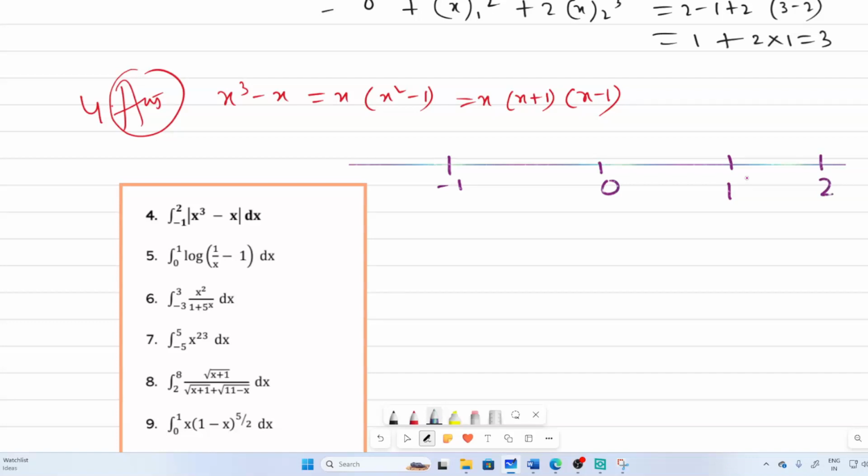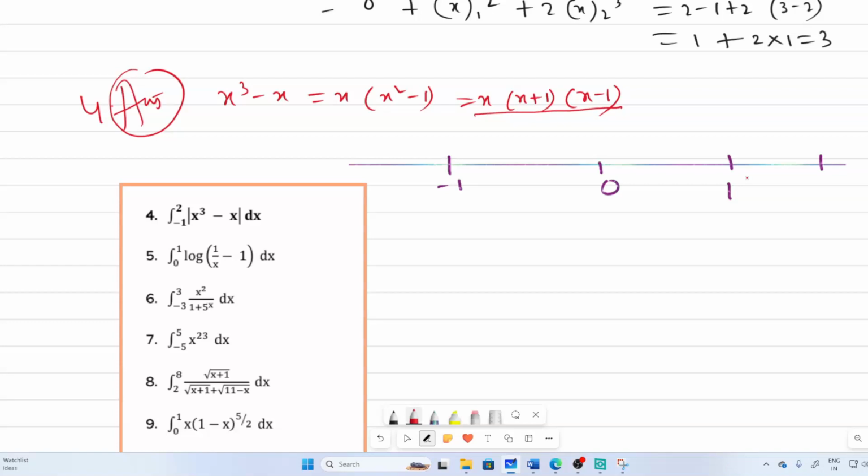Now go by sign change again. Before minus 1, you go on putting those plus and minus signs. As you know, 1 is the largest one here, and 2 is for integration purposes, 2 has no other link. So the first step is to write the sign of the given integrand over these intervals.